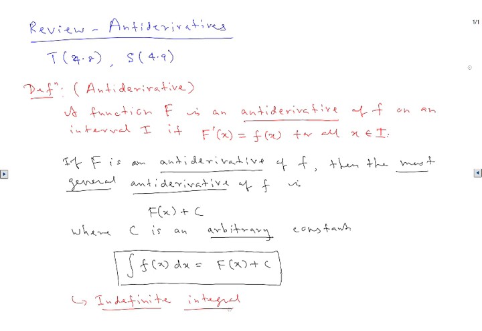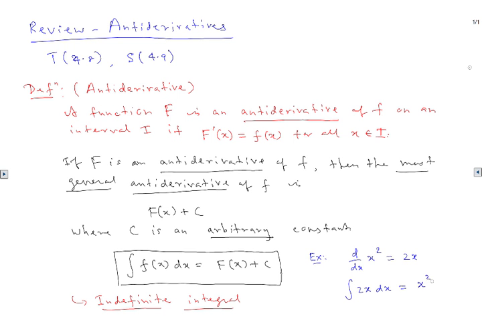So I'm going to give you a simple problem here just to get the idea. So for example, we know that the derivative of x squared is 2x, right? Derivative of x squared is 2x. So that means the antiderivative of 2x is x squared.